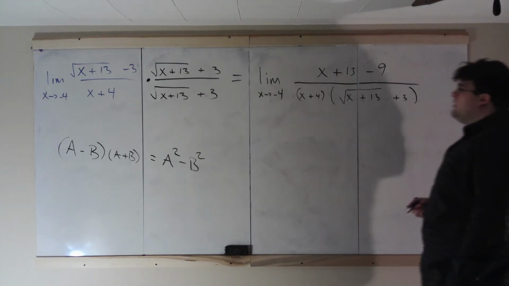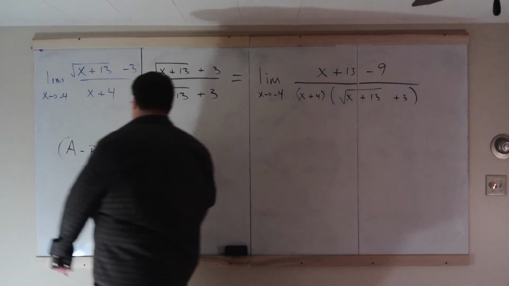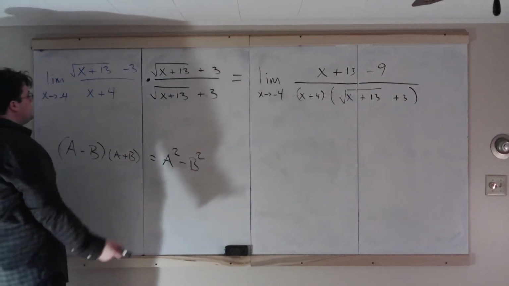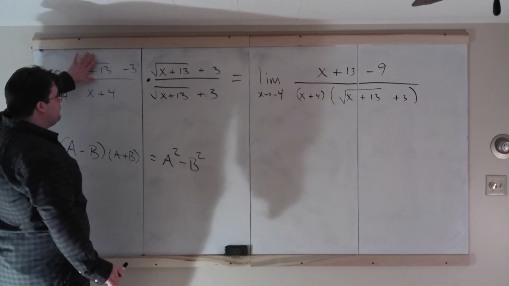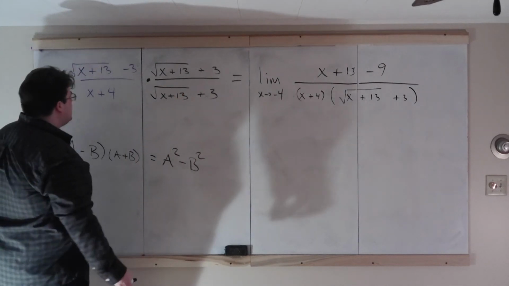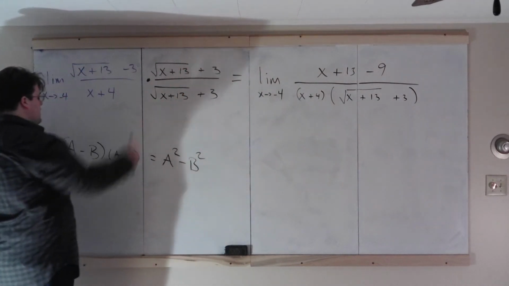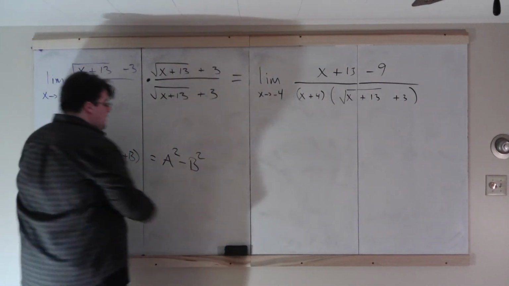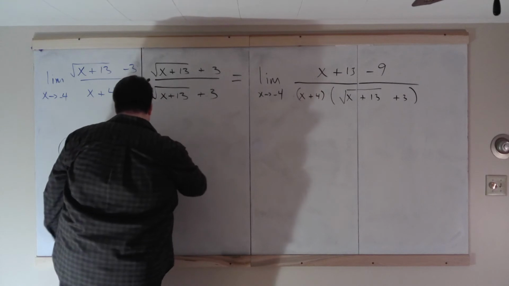Why does that happen? Well, the difference of squares. A minus b times a plus b is a squared minus b squared. A squared, square root squared, is itself, so x plus 13. 3 squared is 9. And we subtract them. So in the numerator, we have x plus 13 minus 9.